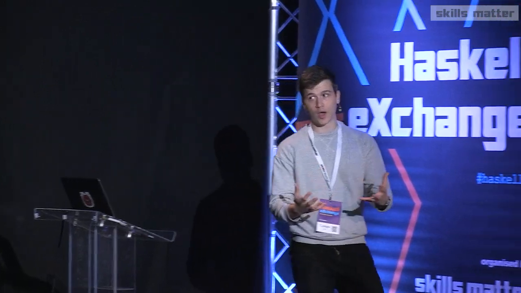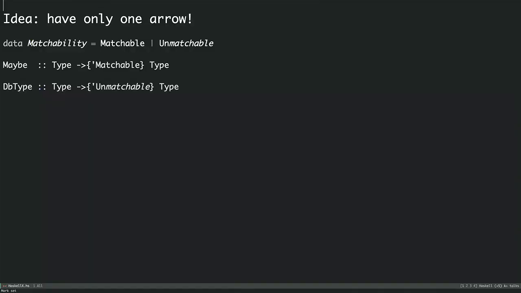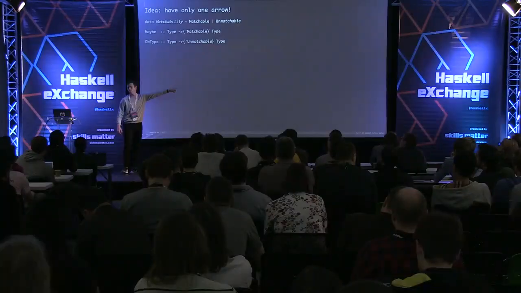So what's the solution here? And as always, the solution is to introduce a little bit of polymorphism into the mix. So the idea is, instead of having two arrows, the squiggly arrow and the normal arrow, we're going to have a single arrow, which is indexed by whether it's matchable or unmatchable. So we introduce this data type Matchability, which is either Matchable or Unmatchable, and then here are the actual kinds of maybe and DB type.